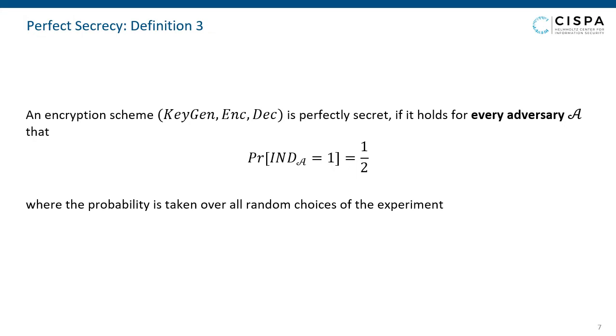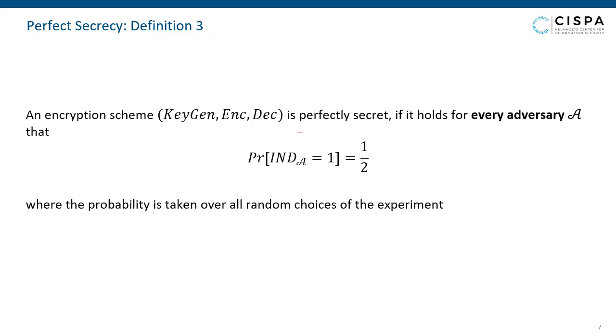In the end, what this definition says is that whatever this adversary does in computing his guess b' essentially amounts to random guessing. Whatever he does will not have a higher success probability than random guessing, because the success probability of 1/2 can always be achieved either by outputting a constant bit or just something random.